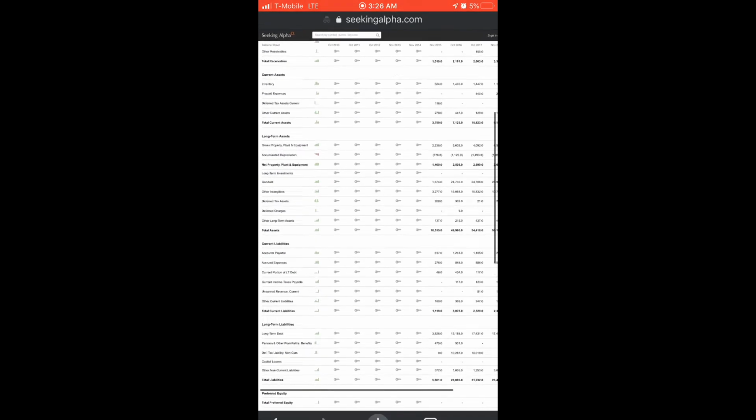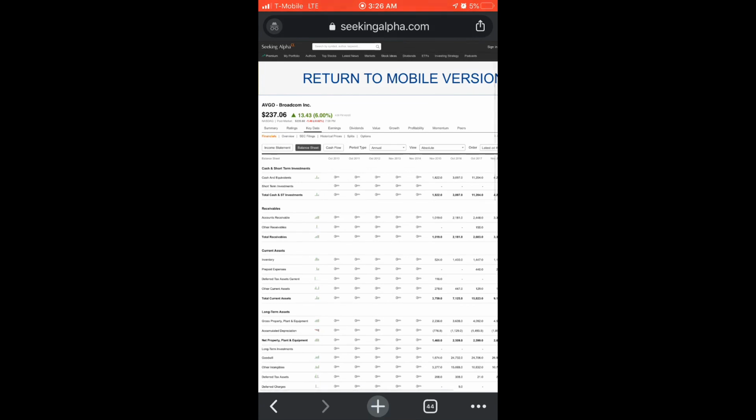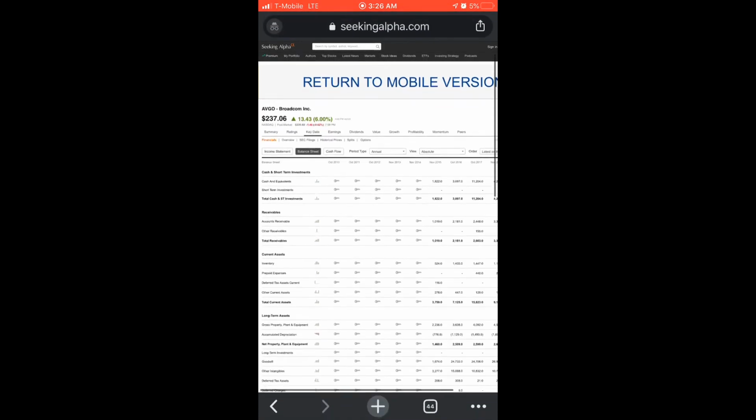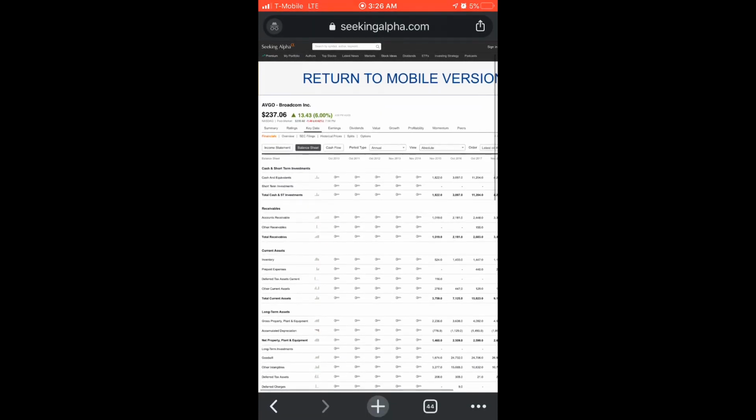They bought a company, its name CA Technology. So they bought this company and they invested some money on that. But as you can see here, they have $5 billion, and that's good. It gives safety. So this company is not going to go bankrupt.